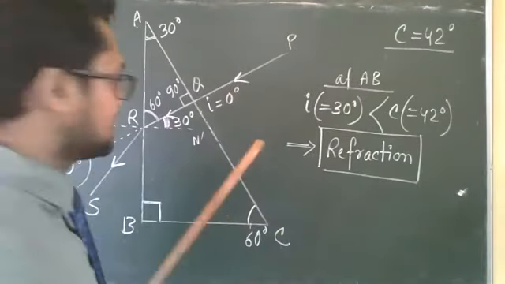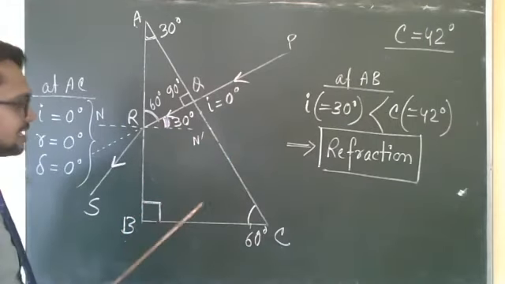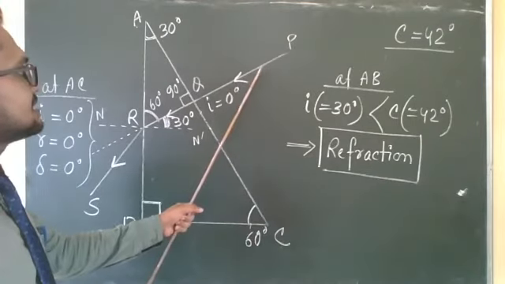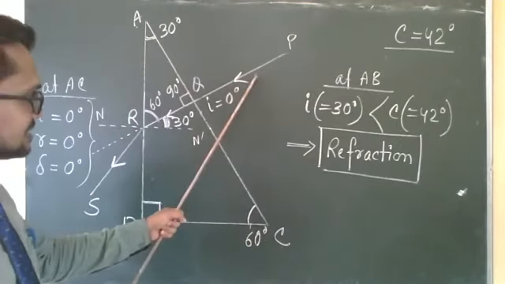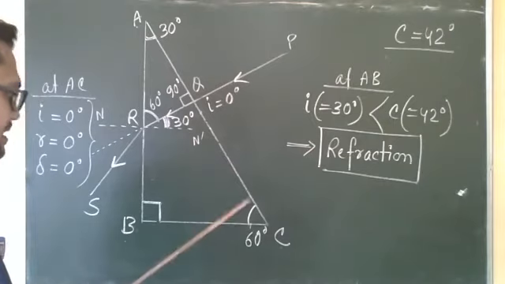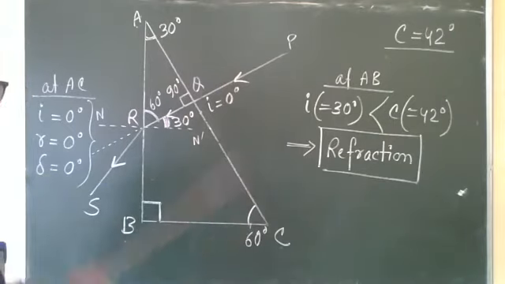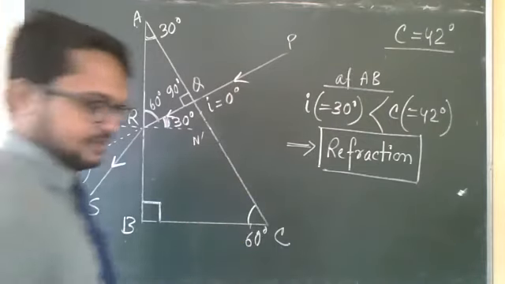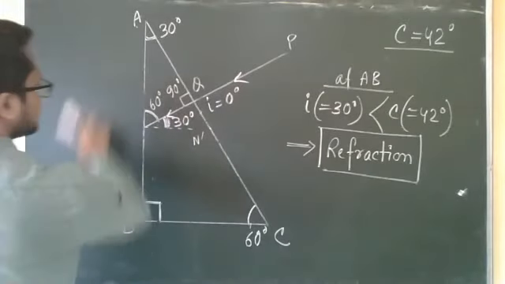So come to the last diagram, figure 4.53. This incident light is normal to surface AC. But if we take this near to the base, near to BC, but perpendicular to AC, then what will happen? This is the last one.